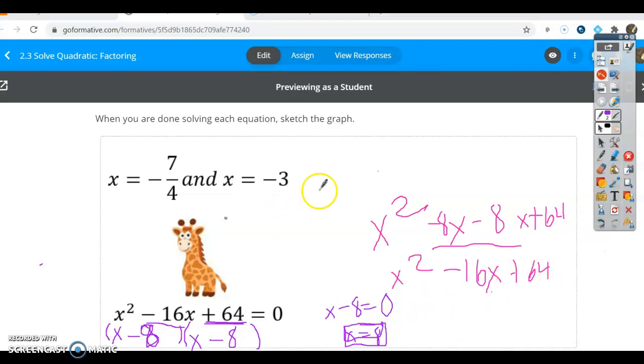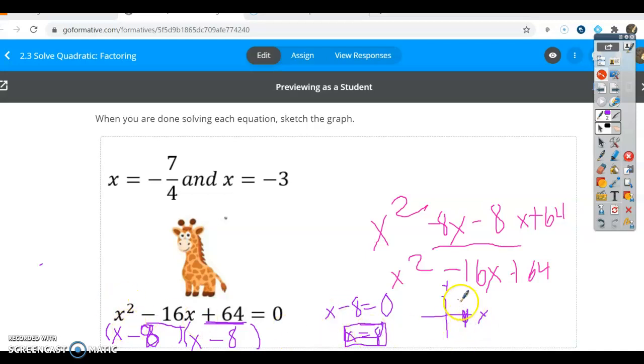Okay? Also, we're going to graph it, just a quick sketch, it doesn't have to be exact. So all I really need is an x and y-axis like that. And this is x equals 8, so I know x equals 8 is going to be somewhere on this x-axis, let's just say right here. Okay?